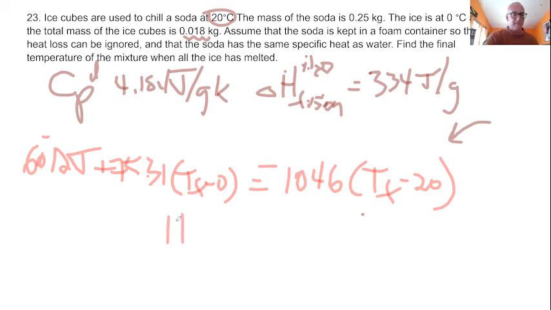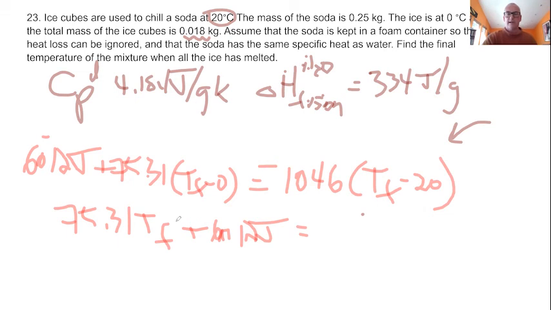Oh, I might as well take it through the whole thing. 7531 temperature finals plus 6,012 joules equals minus 10,000 temperature finals minus 20,920.